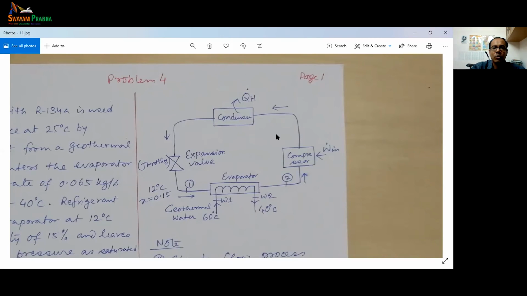And where do we input the work? The second law says that if you want to take heat out from a low temperature reservoir, which is the evaporator, and reject it to a high temperature reservoir, which is the condenser, you have to put some work in. You cannot just do it without work input. So work input is given in the compressor.